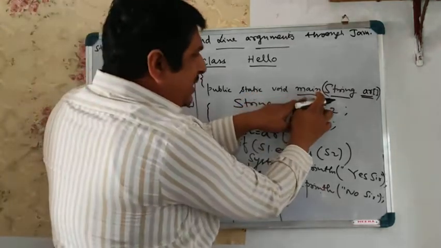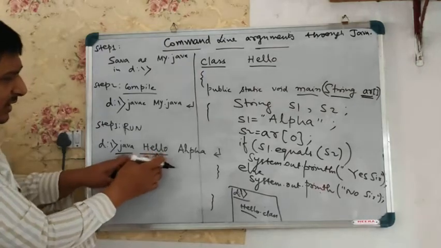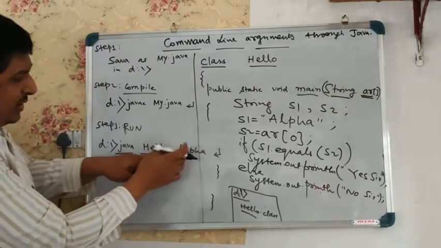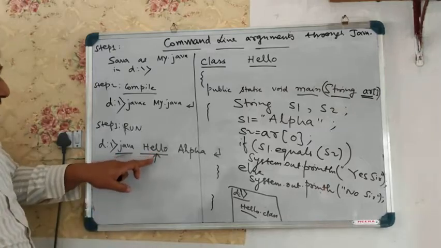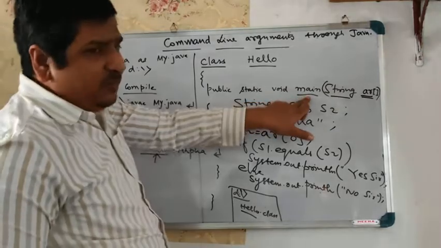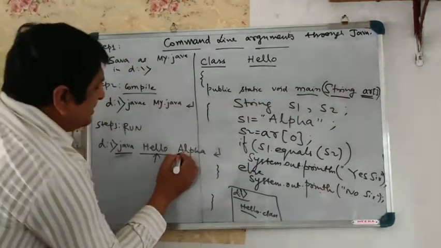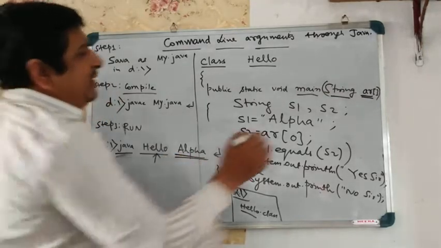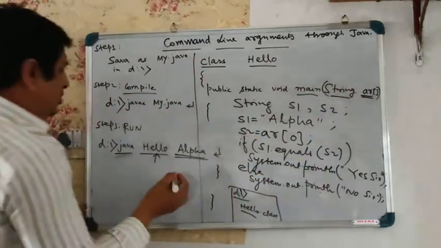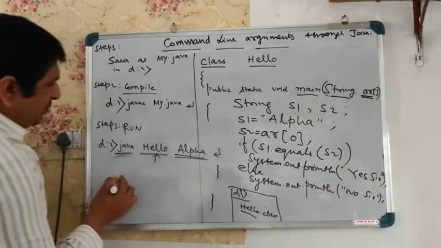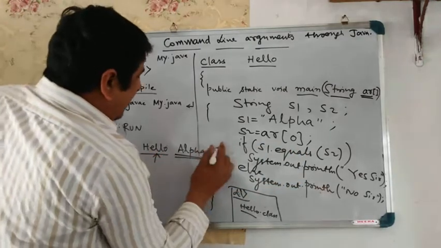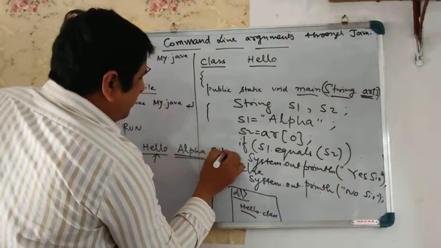This is main. So Hello and alpha both will be read, and within Hello it will get main, and then this alpha will come inside AR0. Whatever number of arguments you have, you can write beta, no issues.